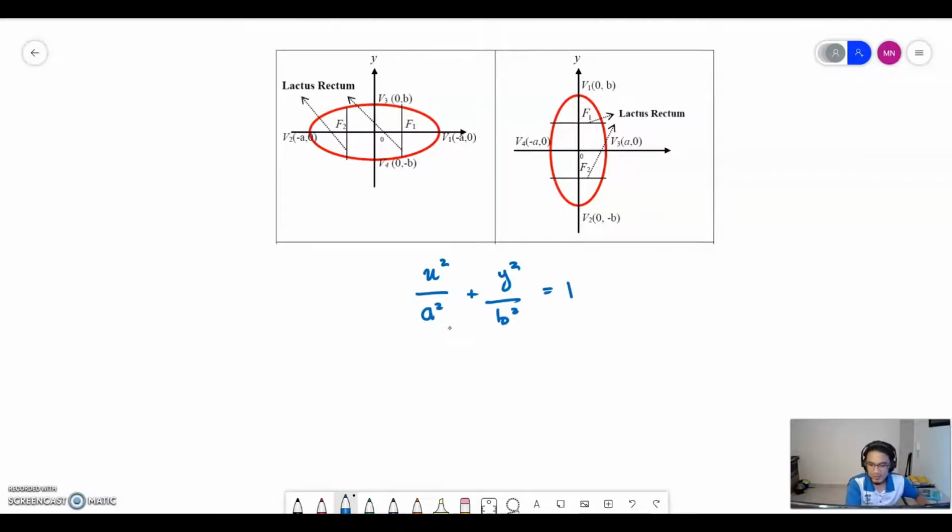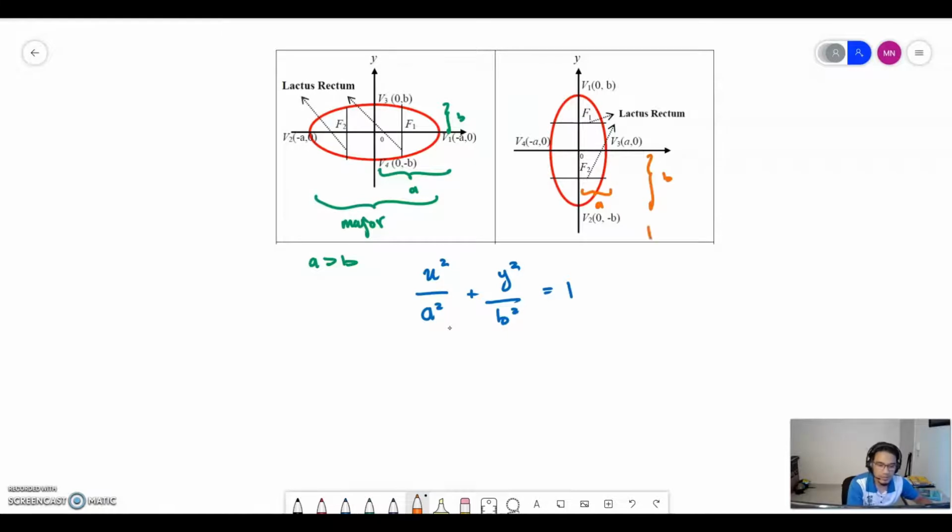So as we can see, we revise back the value of a. So this is the major. Then this is the length of a, and this is the length of b. As you can see here, the value of a is bigger than b for horizontal. Meanwhile, for a vertical ellipse, this will be the a, and this will be the length of b.